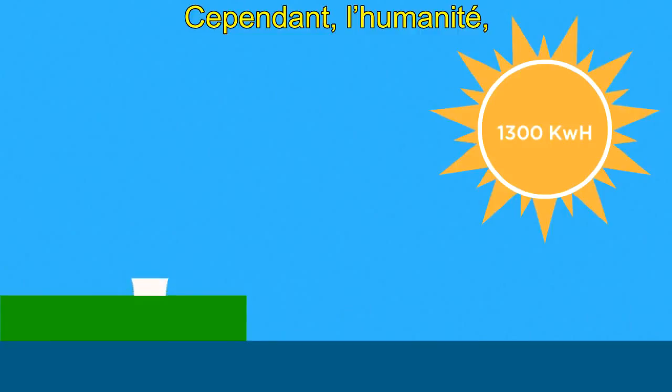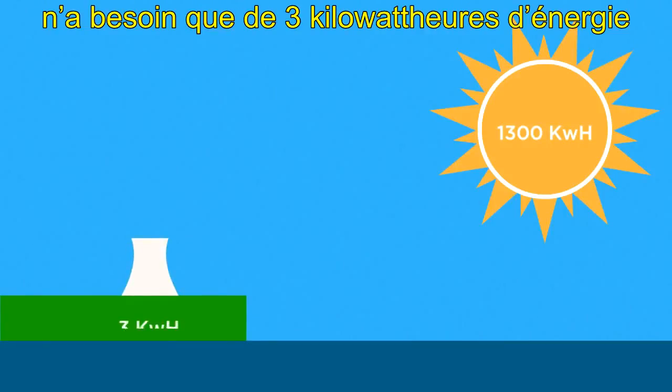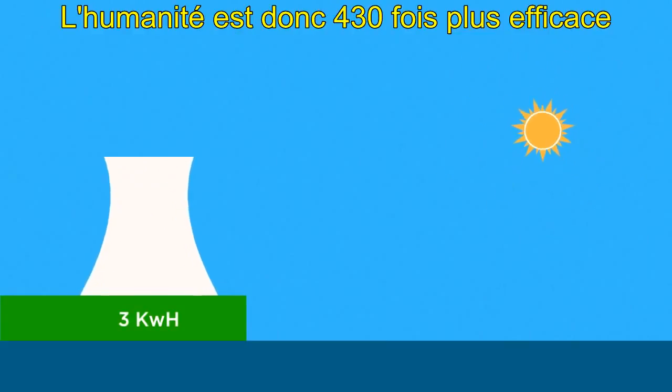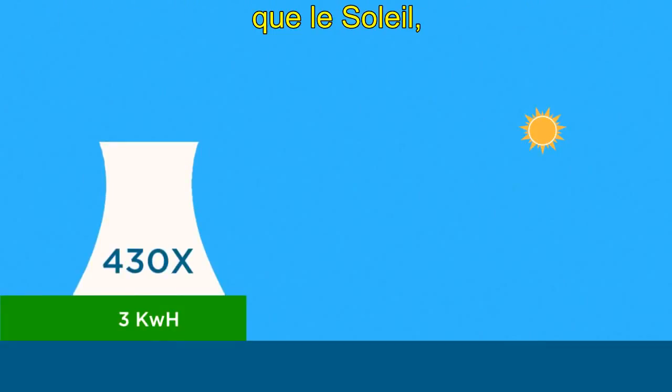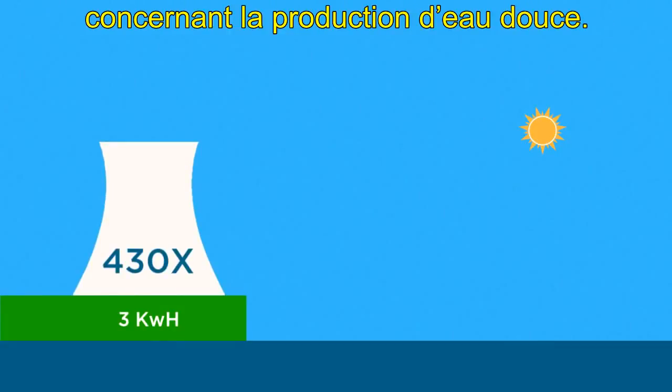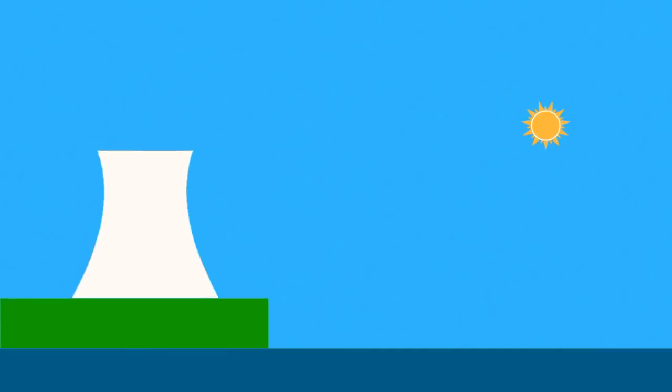Mankind, however, using reverse osmosis desalination, only needs 3 kilowatt hours of energy per cubic meter, making mankind 430 times more efficient than the sun when it comes to the production of fresh water.